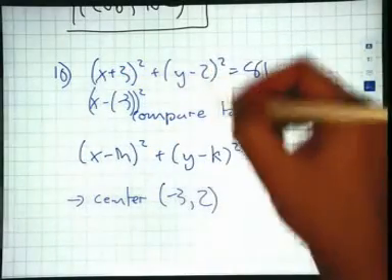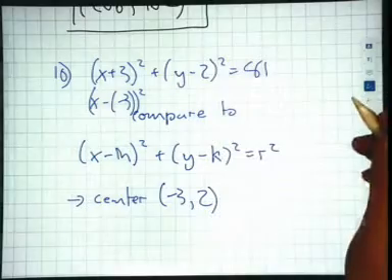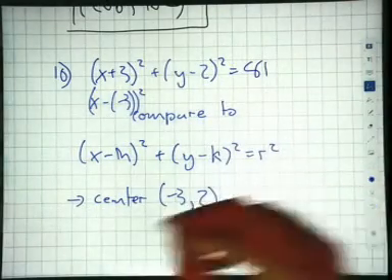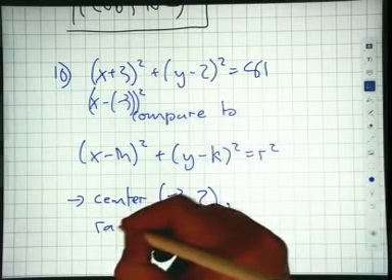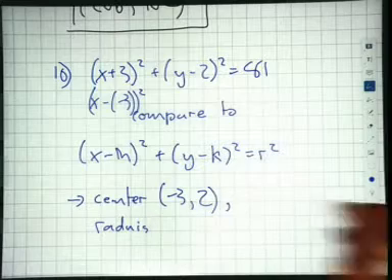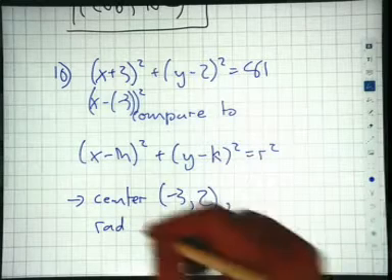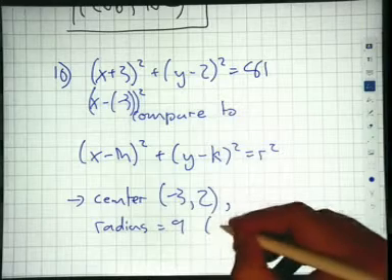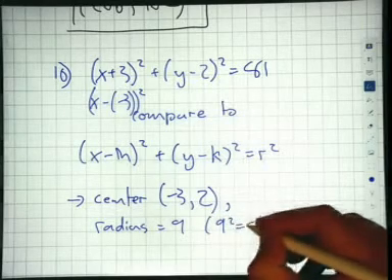What's the opposite of negative 2? It's positive 2. There's your center, and no surprise here because we just looked at it, but the radius, let's learn how to spell radius, R-A-D-I-U-S, is equal to 9, because 9 squared is equal to 81.